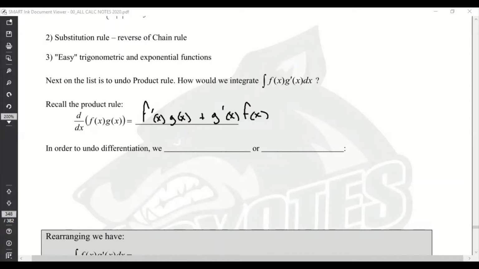To undo this differentiation, we take the antiderivative by anti-differentiation. Another way to say anti-differentiate is to integrate.